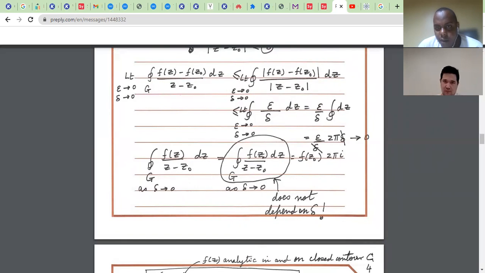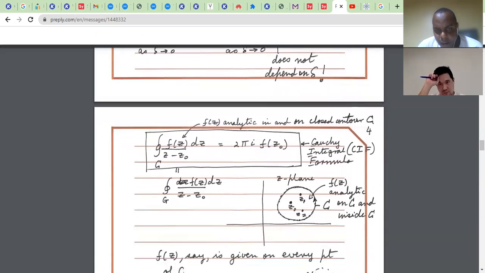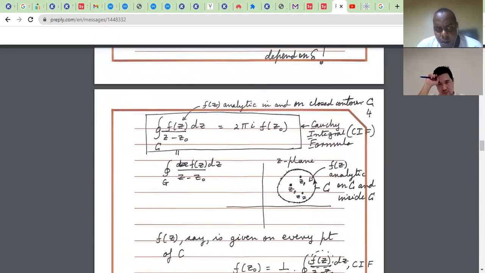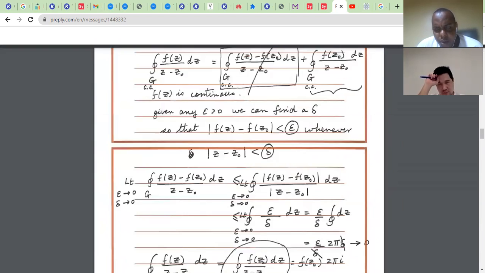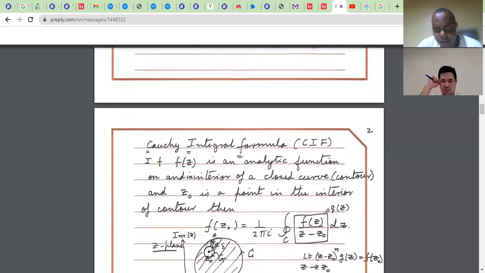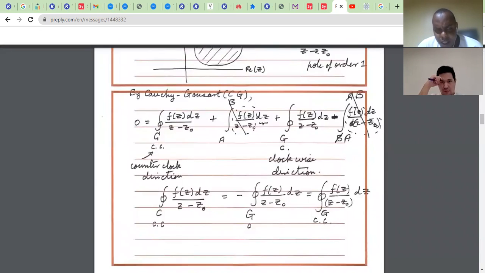Oh, this is how they are proving the theorem we had above, and they just proved it. Okay, so all that was proving the Cauchy integral formula.